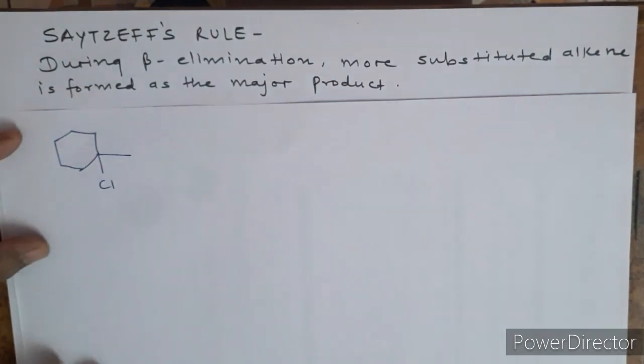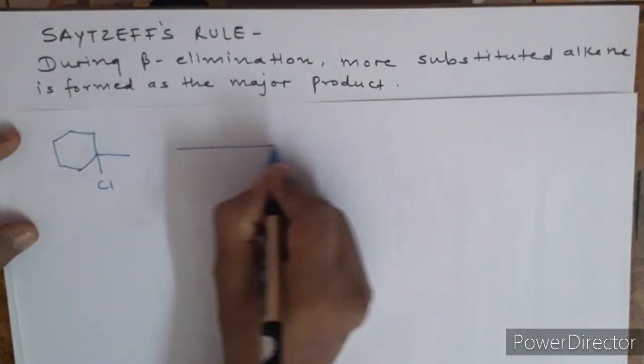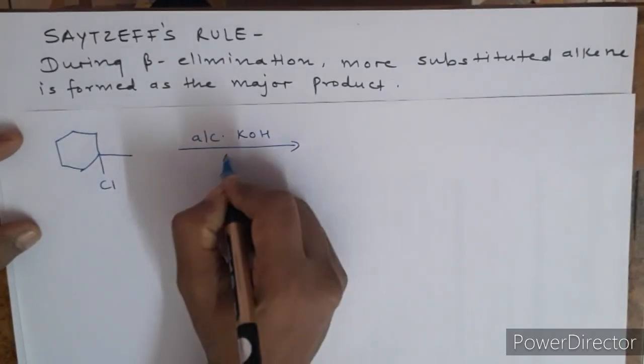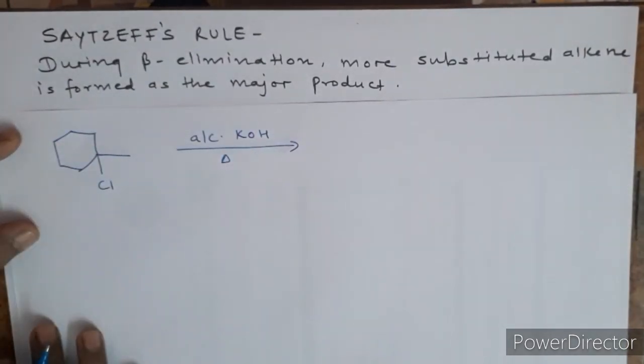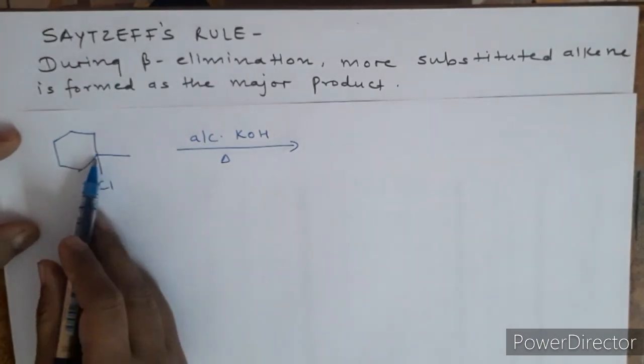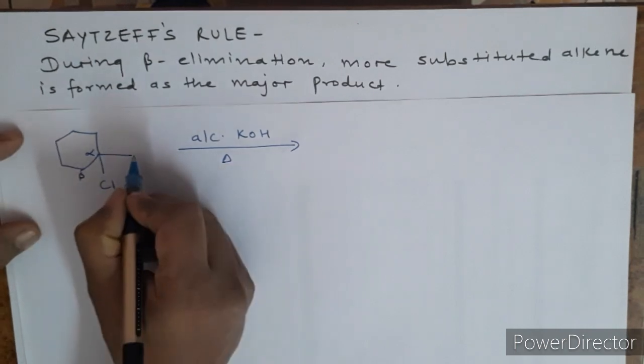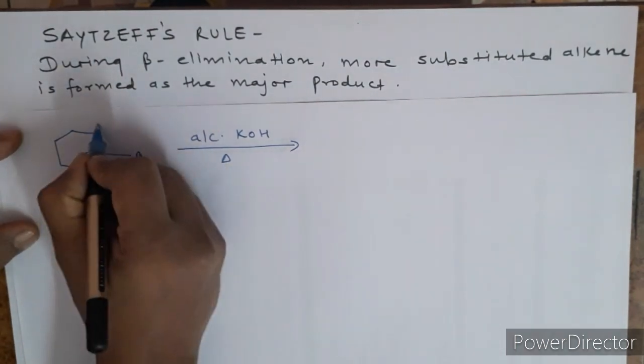I have got a compound with a cyclic structure and I'm going to treat this with the base alcoholic KOH and heating it. First, let us see how many types of carbon atoms are there. This is alpha, this is beta, and this is also beta.